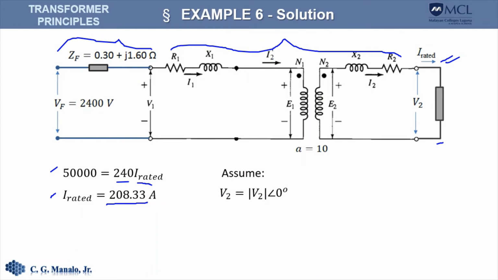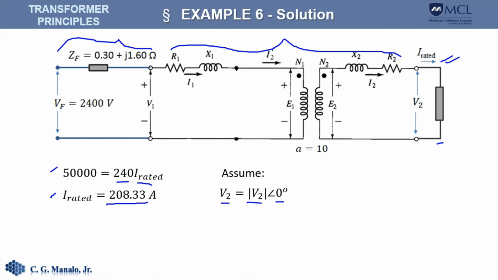Now, let's assume for this problem that we make the voltage of the load, the voltage V sub 2, as our reference phasor. So therefore, we can write the phasor V sub 2 as equal to its magnitude with a phase angle of 0.